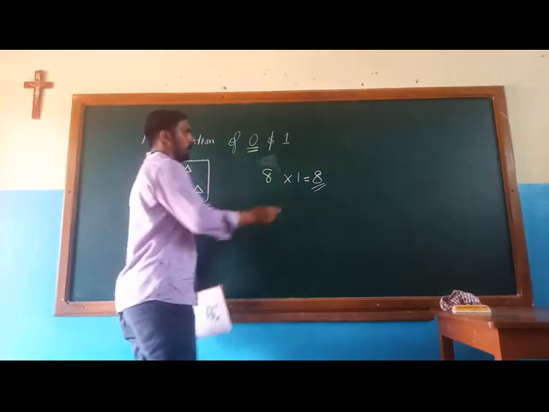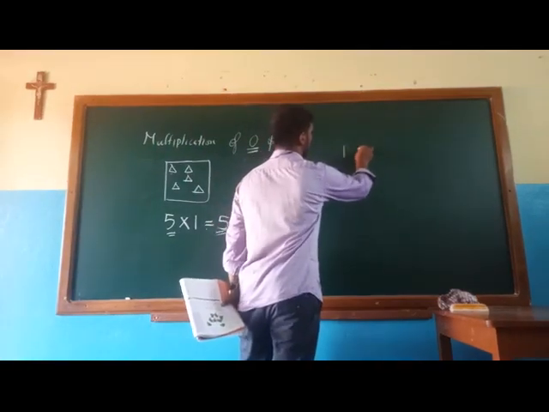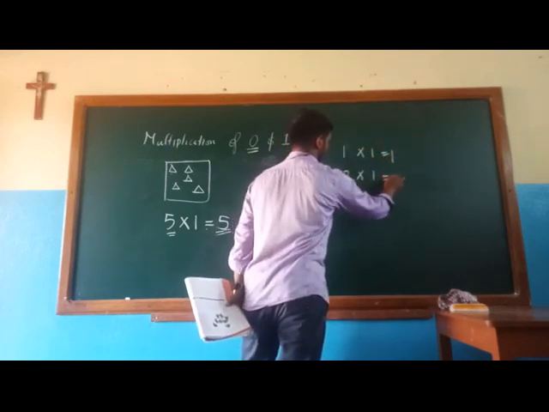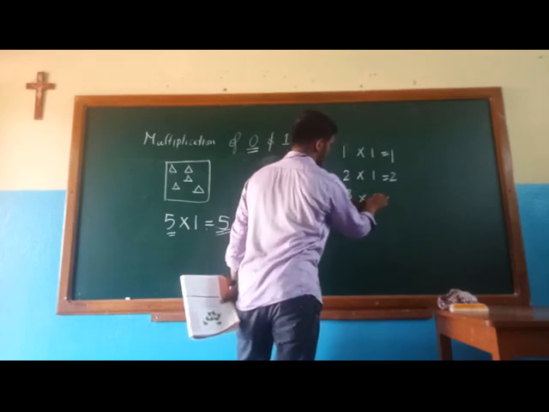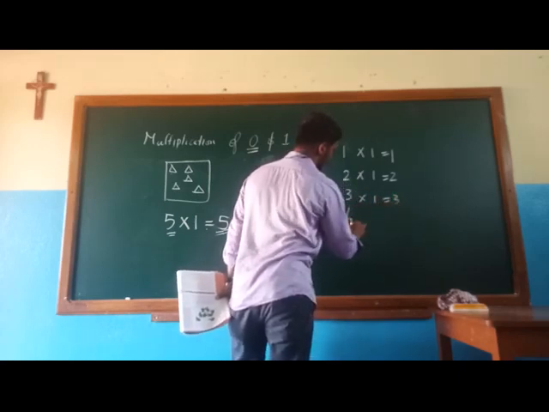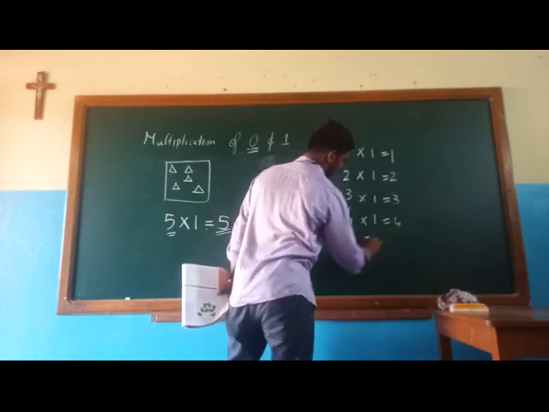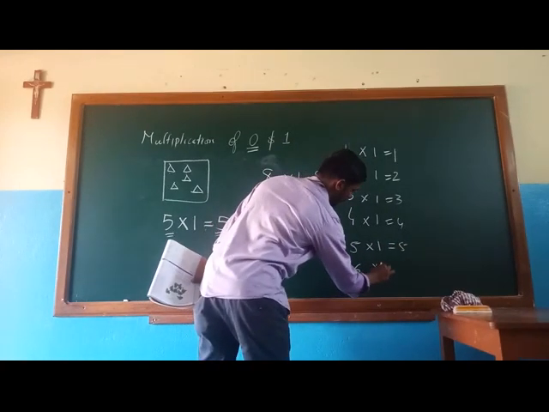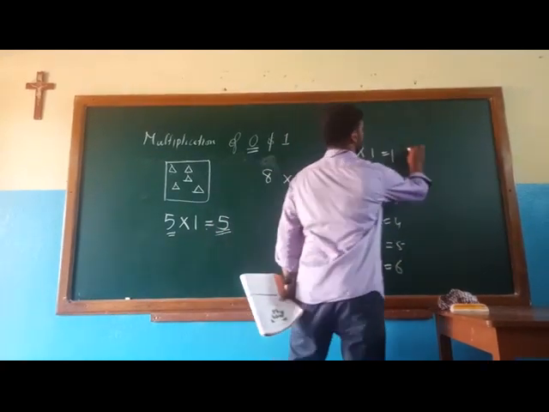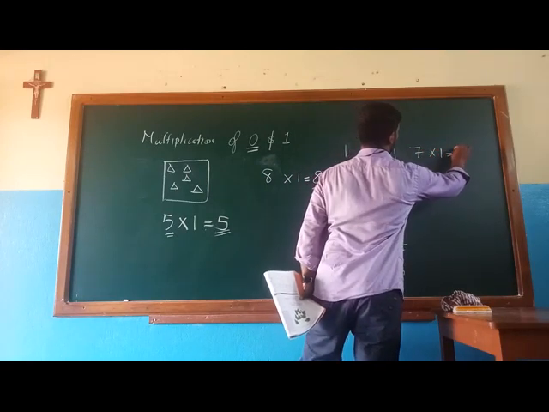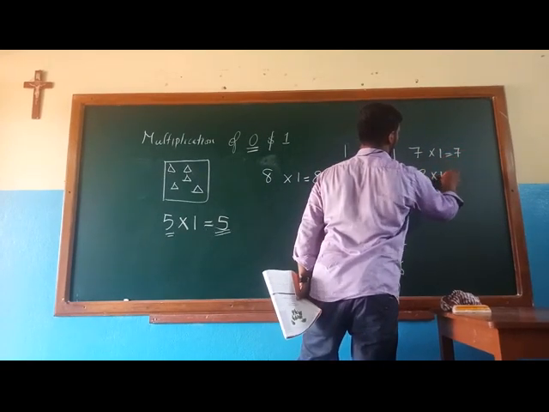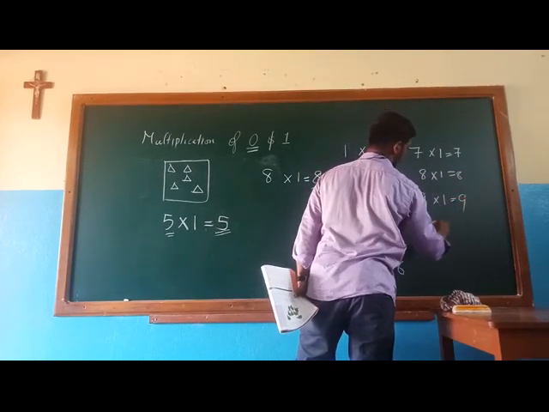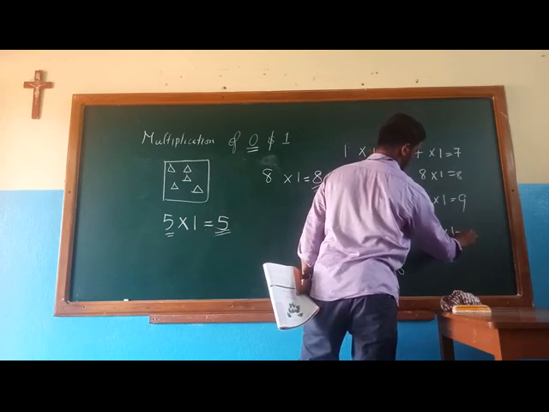So 1 into 1 is 1, 2 into 1 is 2, 3 into 1 is 3, 4 into 1 is 4, 5 into 1 is 5, 6 into 1 is 6, 7 into 1 is 7, 8 into 1 is 8, 9 into 1 is 9, 10 into 1 is 10.